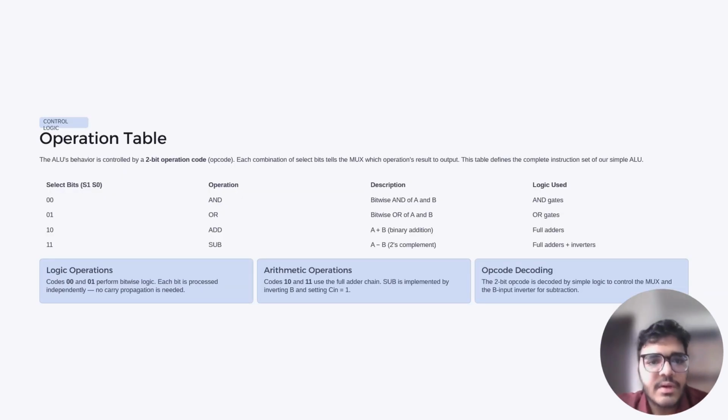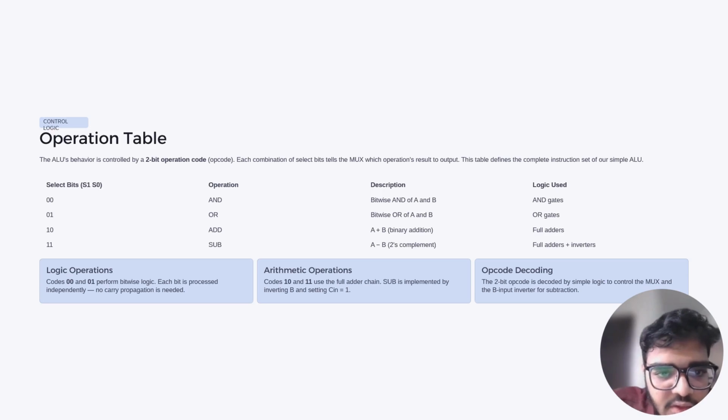Now, the operation table. The operation is controlled by the select line. 0 0 represents AND, 0 1 represents OR, 1 0 represents add, and 1 1 represents sub. This defines how the ALU behaves.